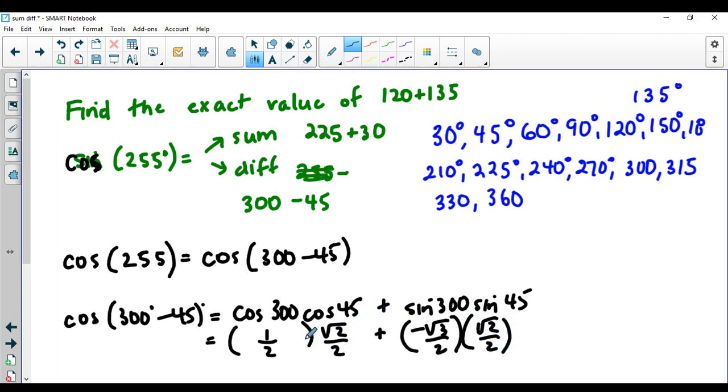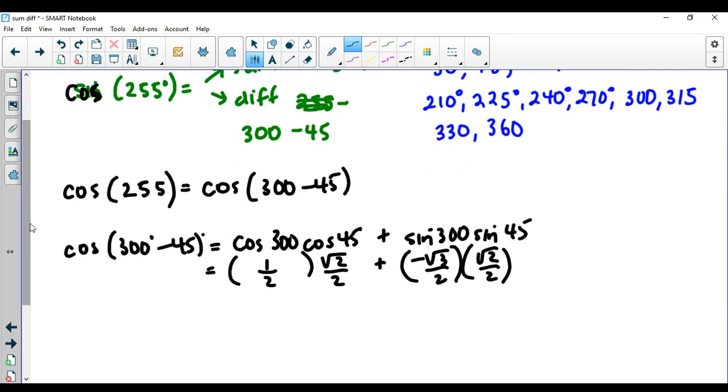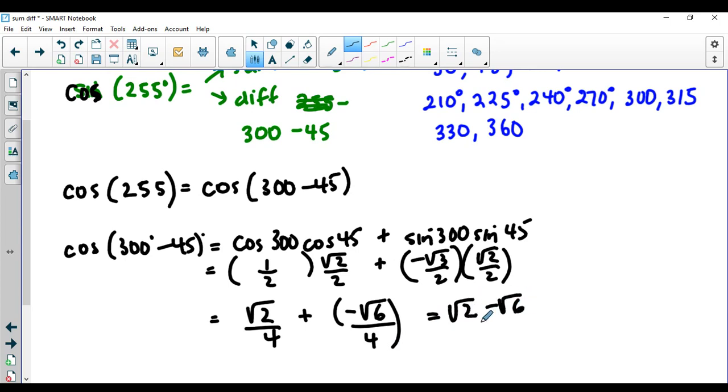We don't have a double negative here. So let's just complete it, right? Again, it's very familiar math by now. Square root of 2 over 4 plus the negative of this. So it's the square root of 2 minus the square root of 6 over 4.